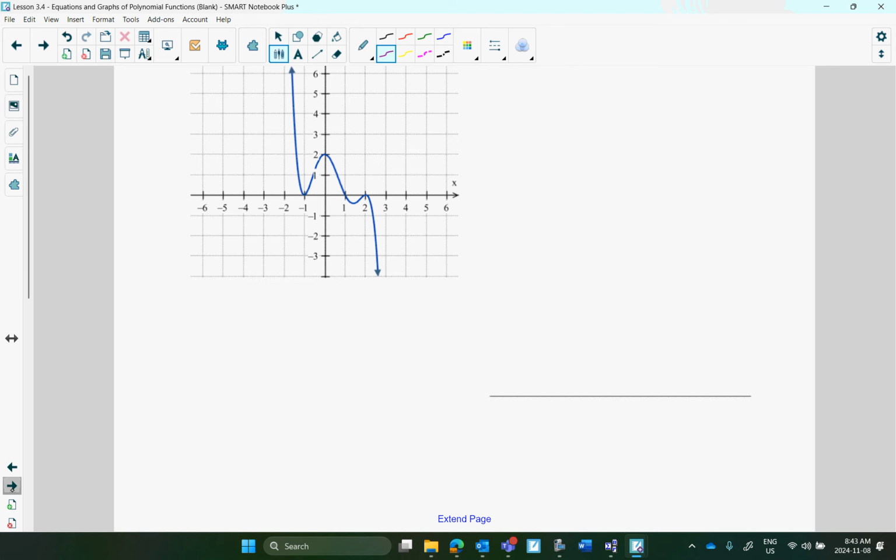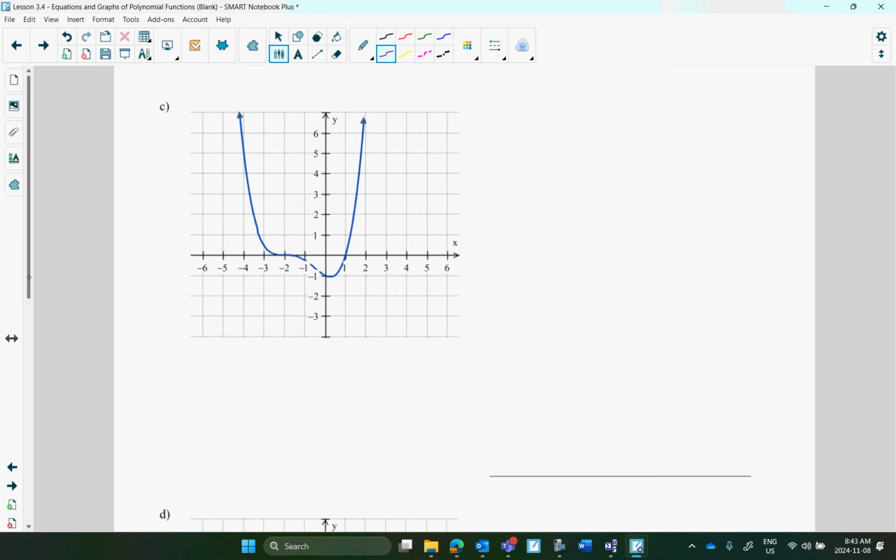I want you to try this one. Be careful with one of your x-intercepts because it goes through, but it flattens out. That should tell you something about the exponent.